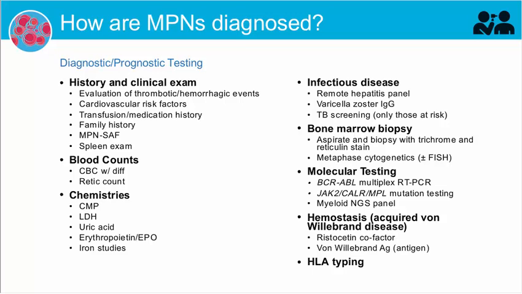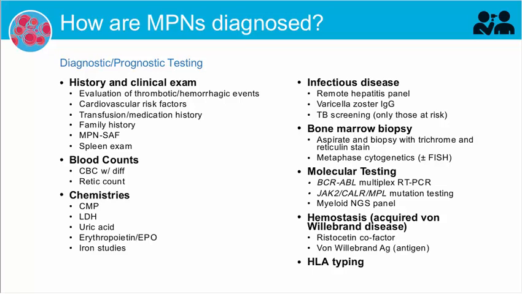On the right-hand side, for infectious disease, I generally test all my patients at least once for a remote history of hepatitis and to see whether or not they've been vaccinated for hepatitis, because in certain treatments that we use, hepatitis can be an issue, the virus that is.